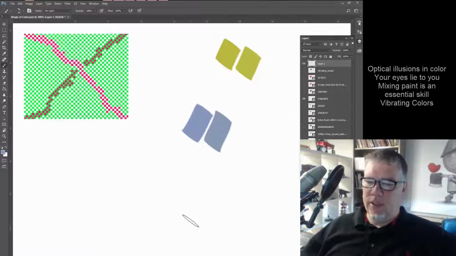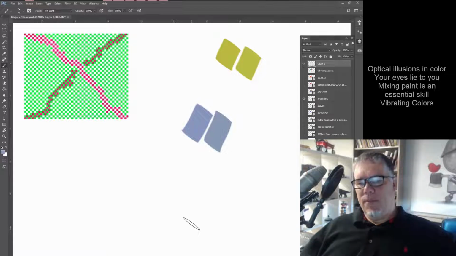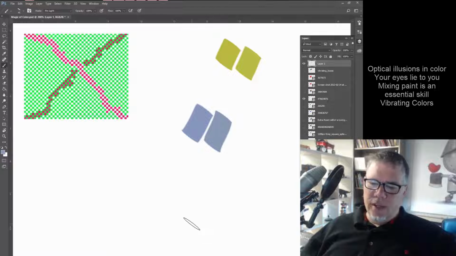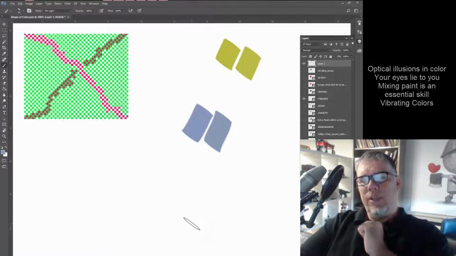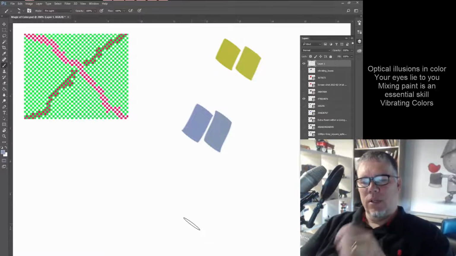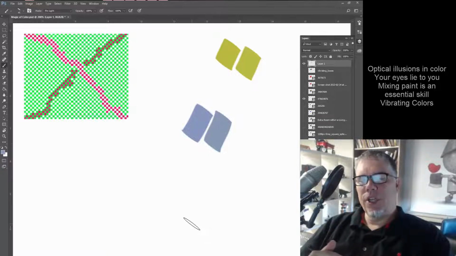This one's kind of interesting. There are only two colors on this graphic, pink and green. There is no red. And this one really demonstrates how colors will change or appear to change based on what they're next to.